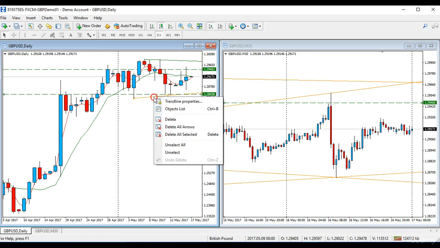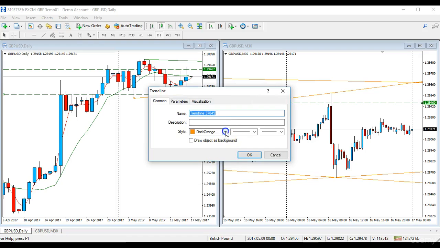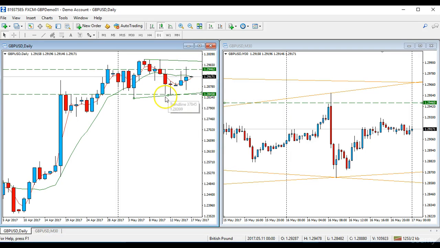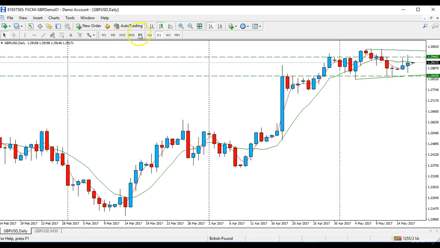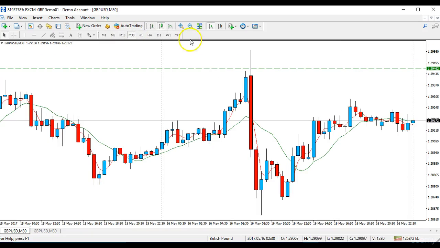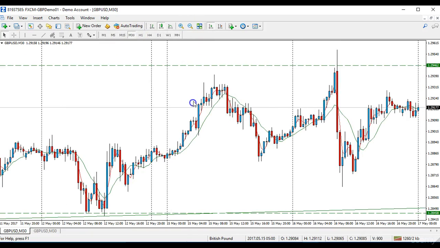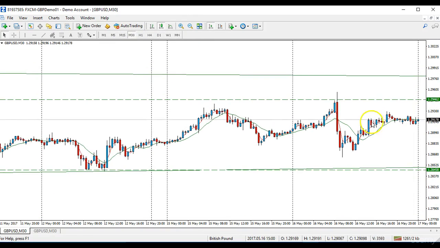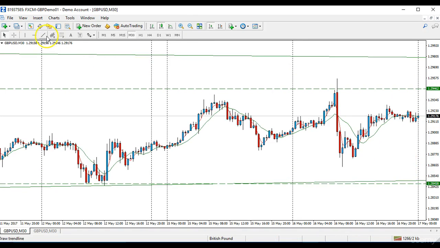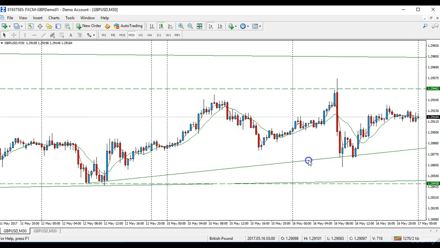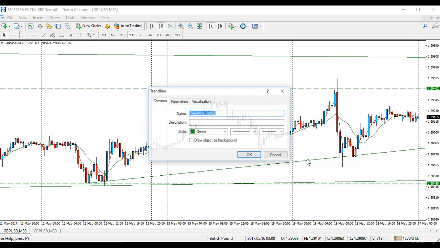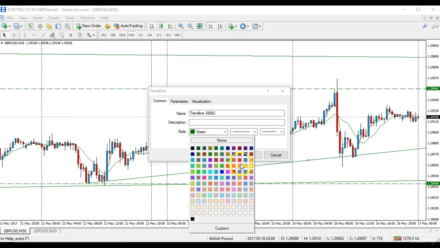So we color those green, and then if I go down to the 30-minute chart, I can now see the daily support and resistance on this chart, and I can overlay the 30-minute trend lines.